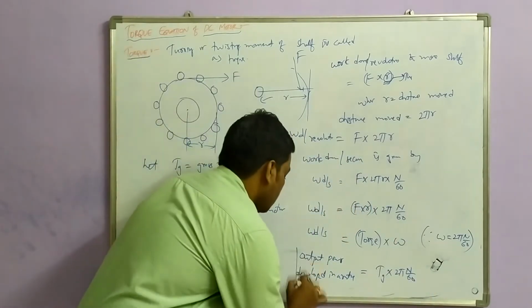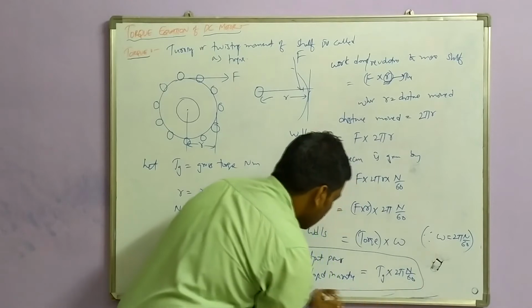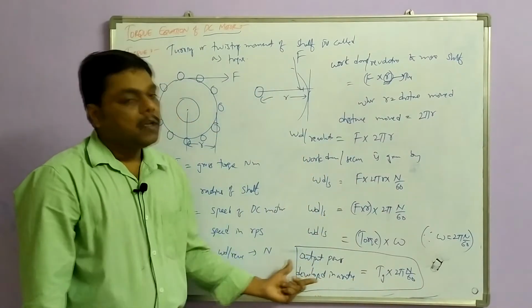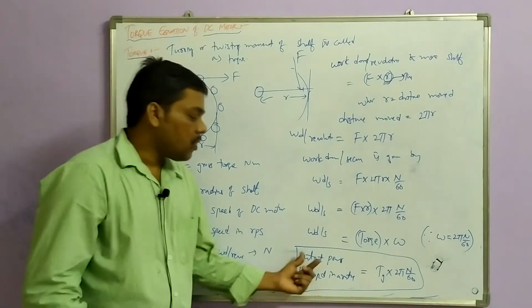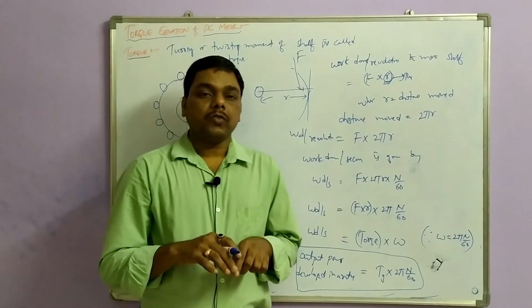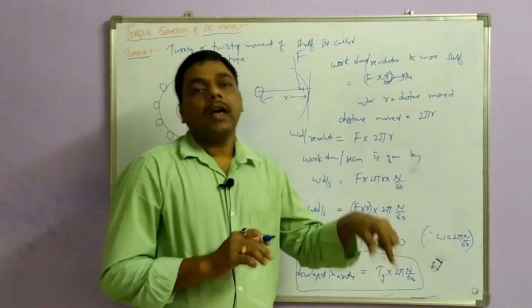This is the equation we have to remember, to equate with the output power of the armature generated in armature, which is equal to the electrical output.